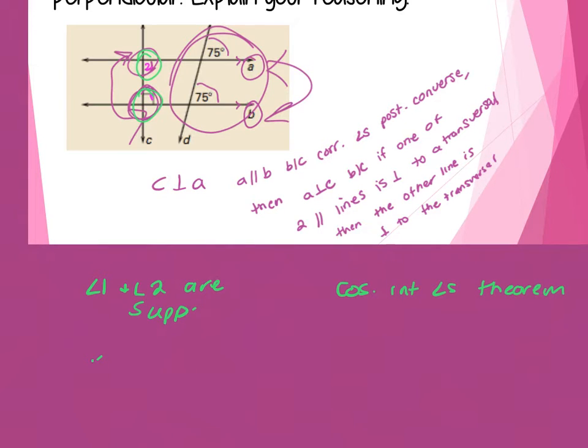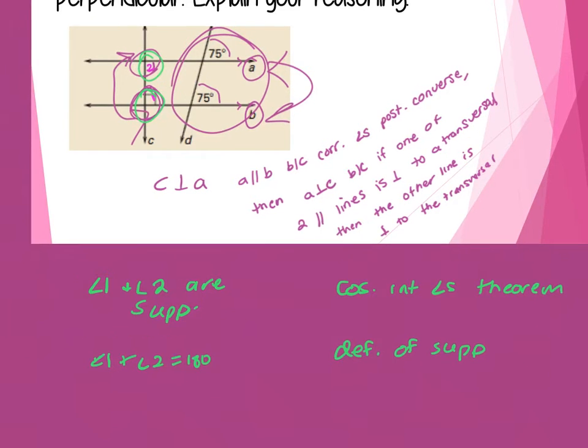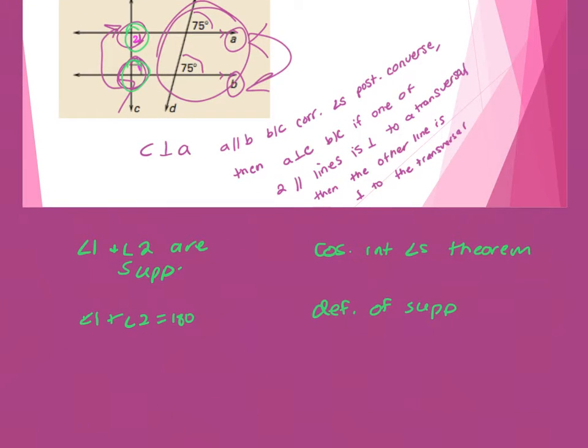Then I could say angle 1 plus angle 2 equals 180. That's definition of supplementary. Then I could say angle 1 equals 90, right? That's given, right? Oh no, that's perpendicular. So that's definition of perpendicular. Then I can say 90 plus angle 2 equals 180, and that's substitution.